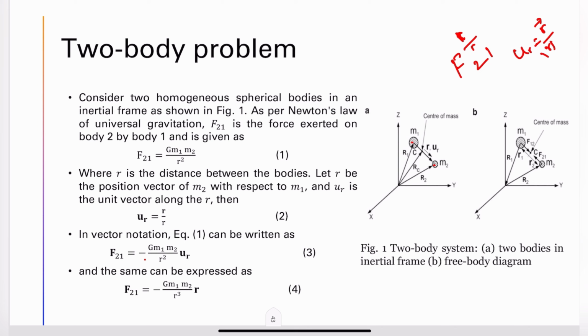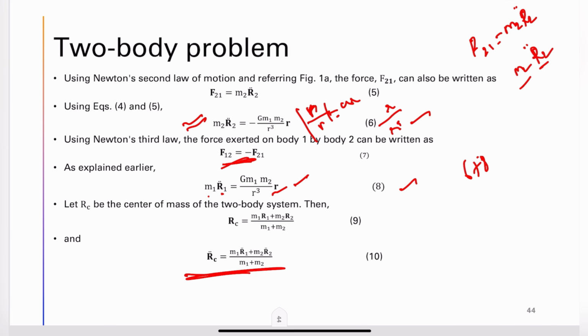Again, the unit vector u_r is nothing but the r vector divided by the modulus of r. Here, the vector notation is represented by the bold font. Throughout this lecture series, we'll be using bold font to represent vector notation.